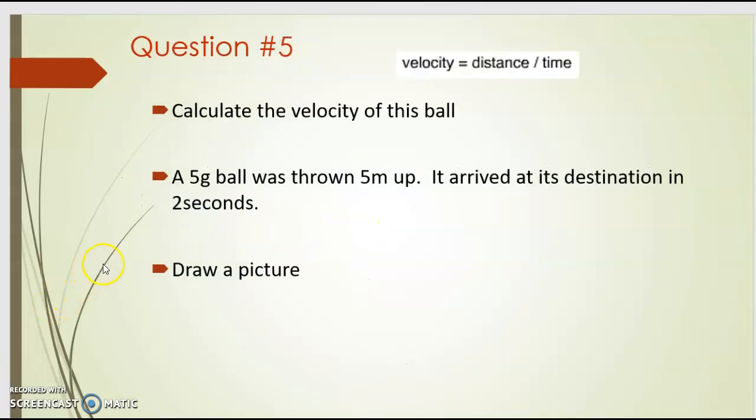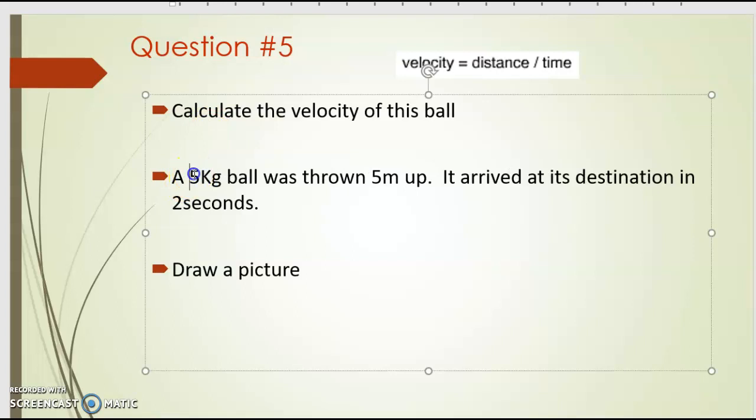And the last one. Calculate the velocity. Again, we're going to stick with kilograms here. A 5-kilogram ball was thrown 5 meters up. It arrived at its destination in 2 seconds. So we know that velocity is equal to the distance.